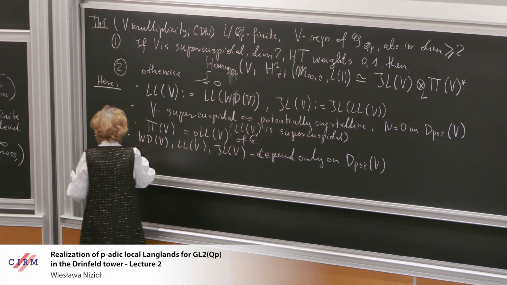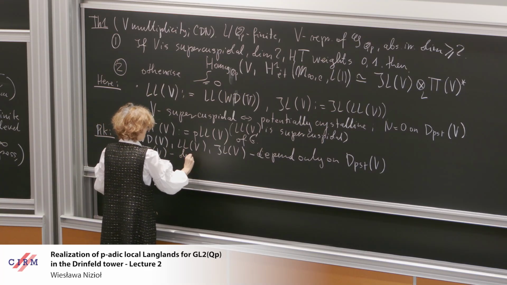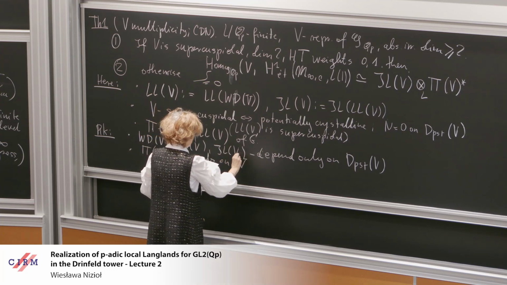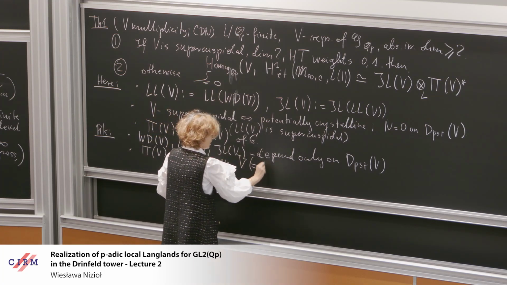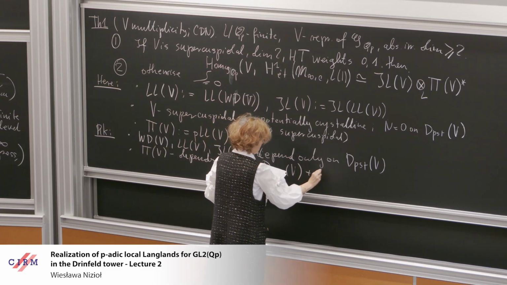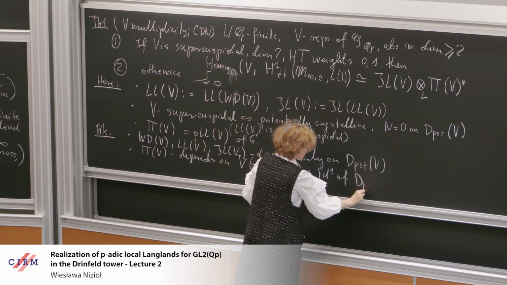And of course, the whole thing doesn't. So Pi V depends on the whole of V, which means by p-adic theory, it's D_pst plus Fil^1 of D_dR of V.